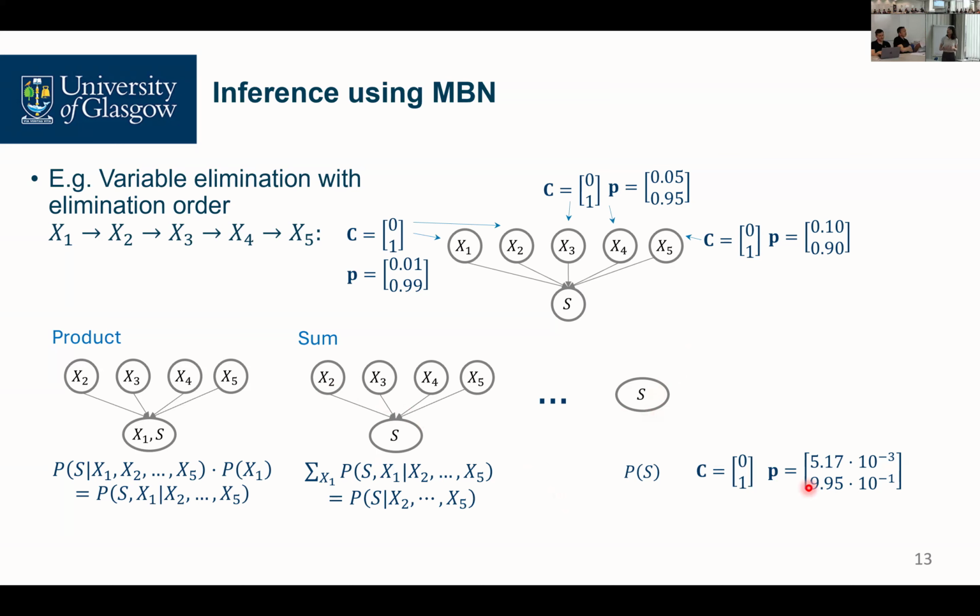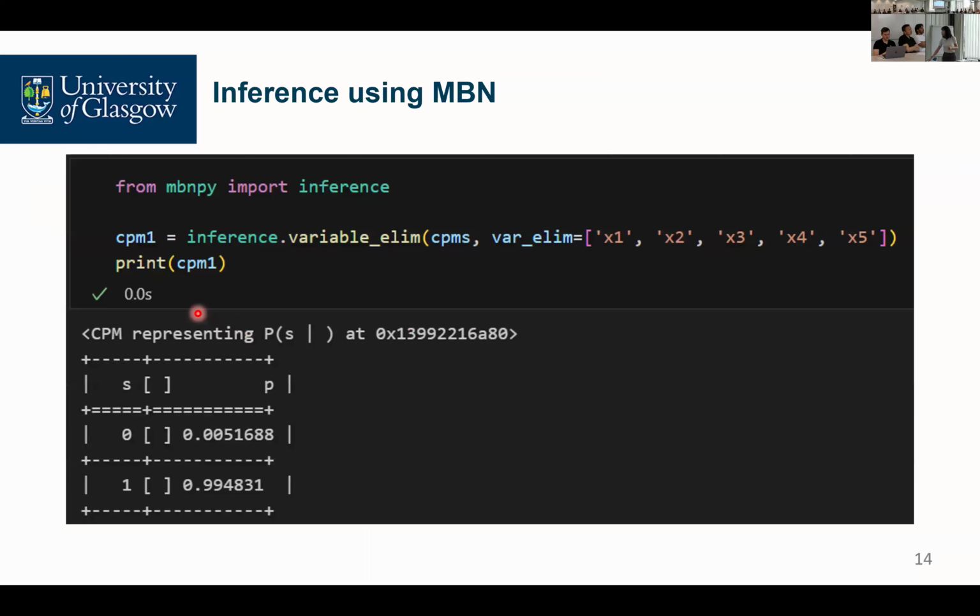And if you are interested in, for instance, a joint distribution of x1 and S to understand the relevance between this particular component event and the system event, then we can eliminate all component events but x1, and in this way we can make various types of inferences.